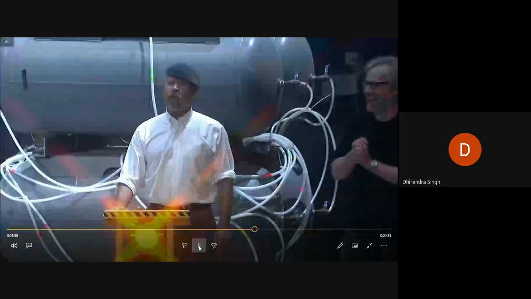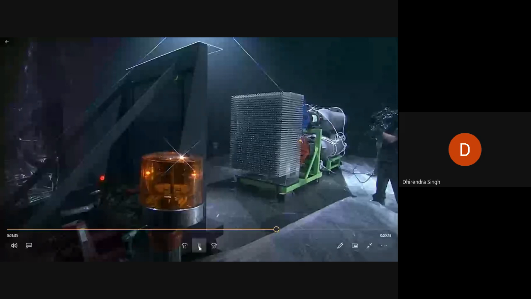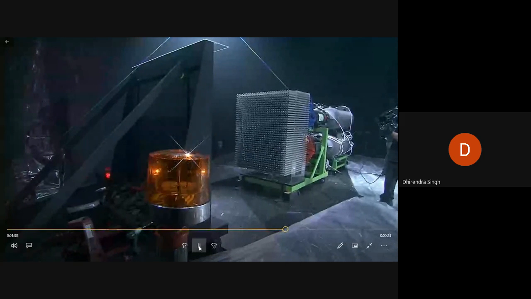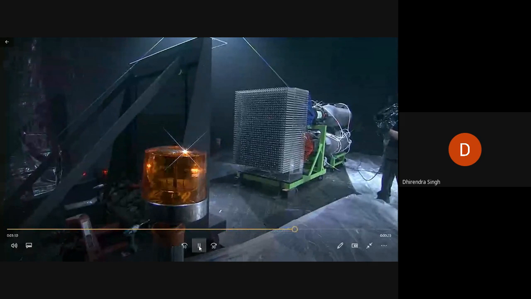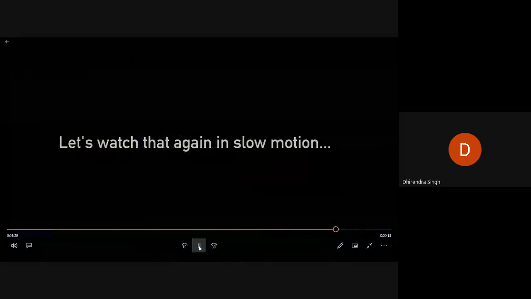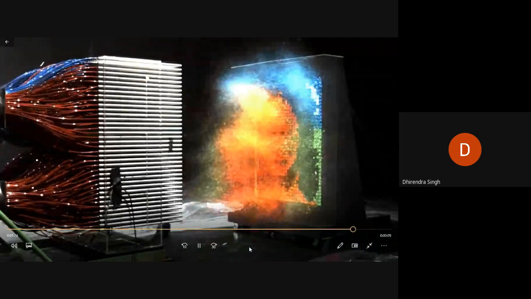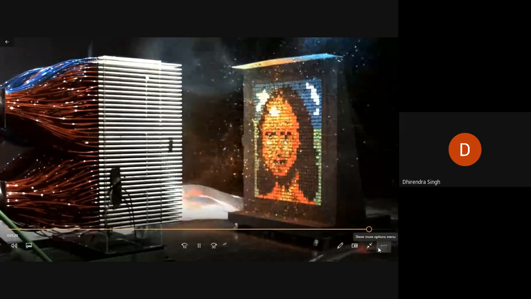GPU painting demonstration. Yep. In 10, 9, 8, 7, 6, 5, 4, 3, 2, 1. Ladies and gentlemen, science class is now over. Thank you.